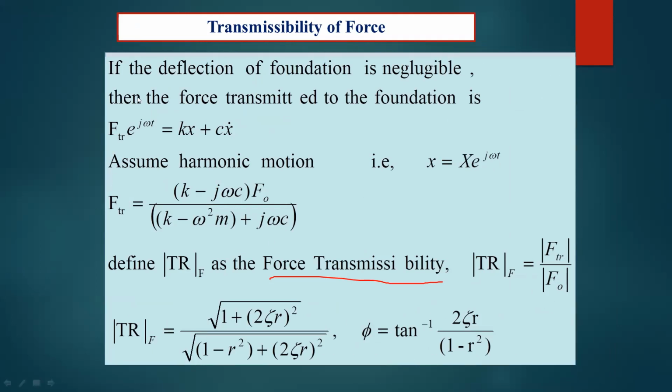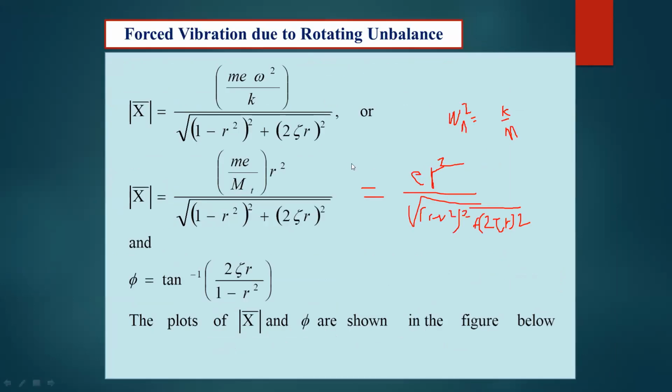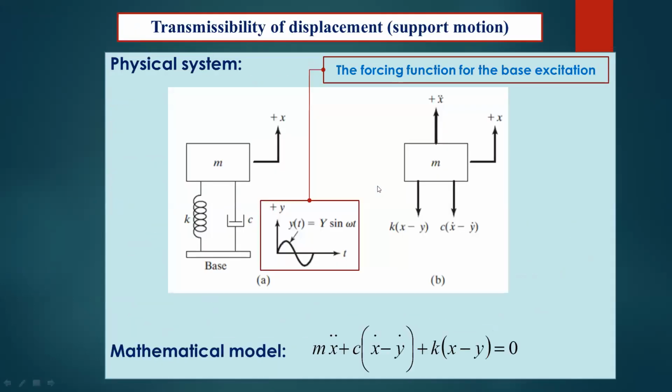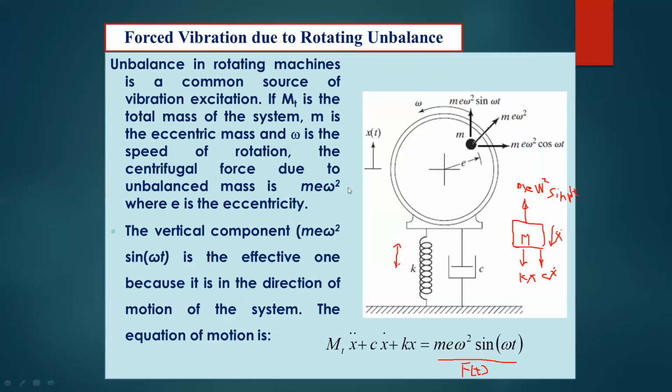Anyways, if the deflection of the foundation is negligible, then the force is transmitted to the foundation. This is the case. This is another case also: the base vibration condition.